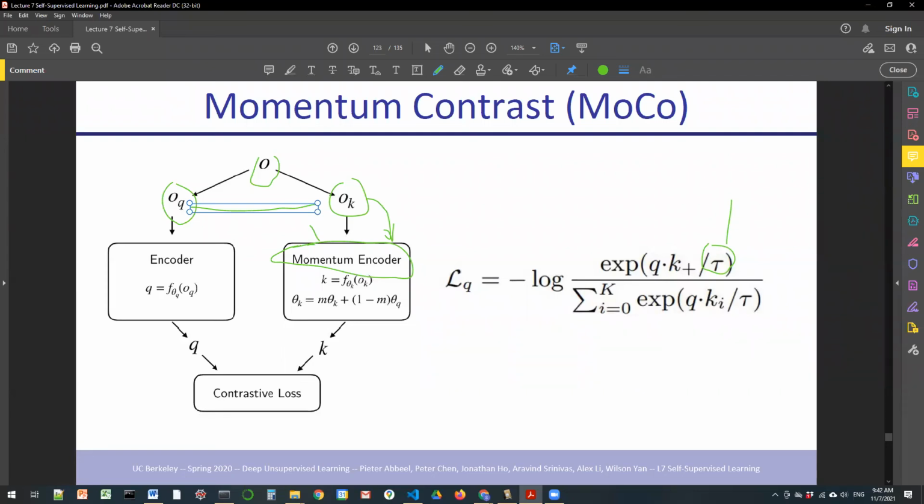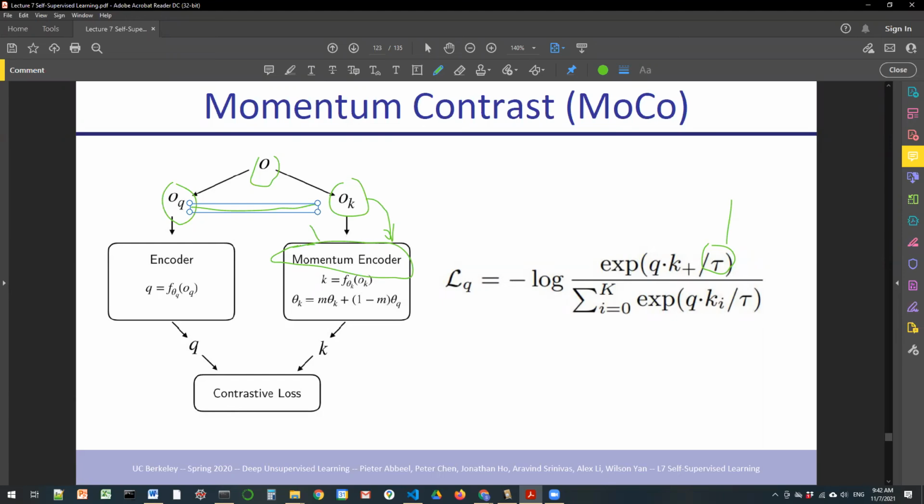But if we do that, then again, remember that the positive and the negatives have to have some relation to the thing that you're also trying to encode.